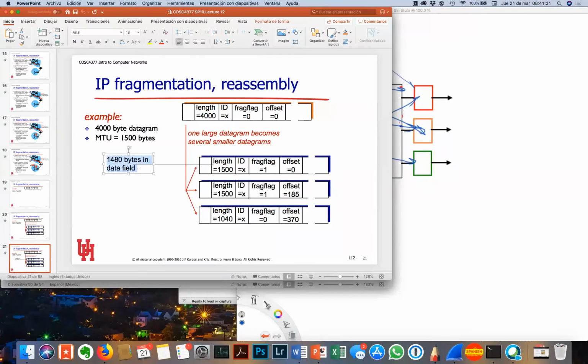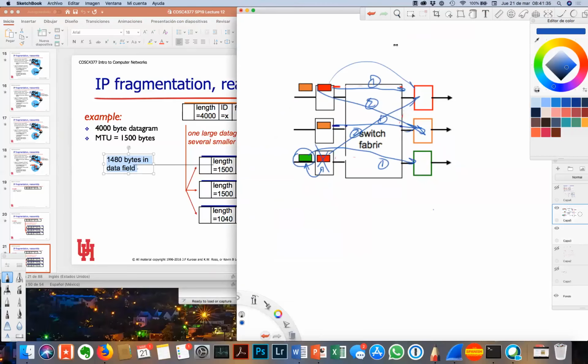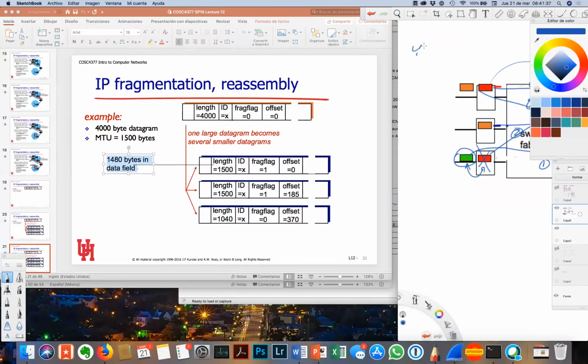Have to have the header. So if I take my total, I've got 4,000 bytes minus 1480. And that leaves me with 3520, something like that. And then I've got another 1480 that I will send after that.